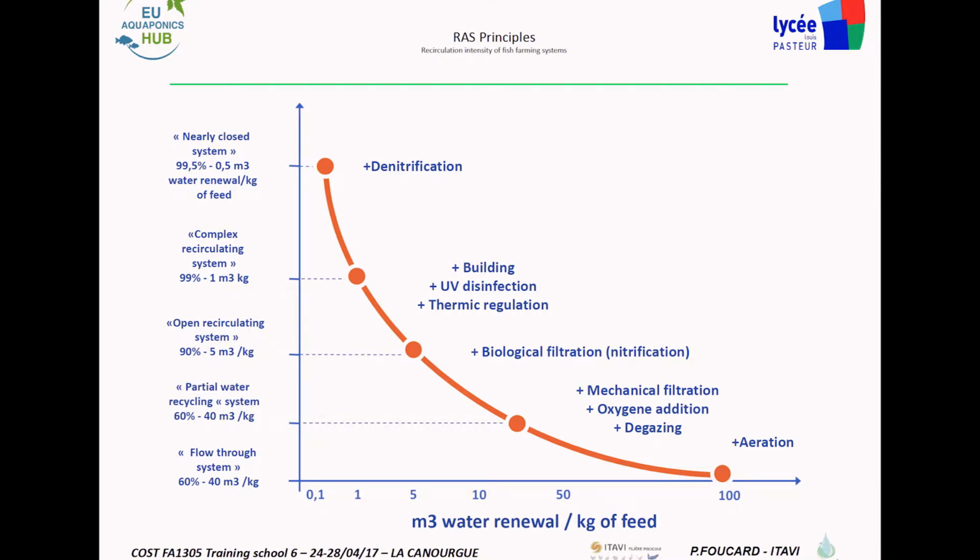Then, if you add mechanical filtration, oxygen addition, and degassing, you can have a partial water recycling system. It will be 40 cubic meters per kilo. Then what we call the open recirculating system will be 5 cubic meters per kilo, and you have to add biological filtration. Then you have the complex recirculating system, 1 cubic meter per kilo of feed distributed.